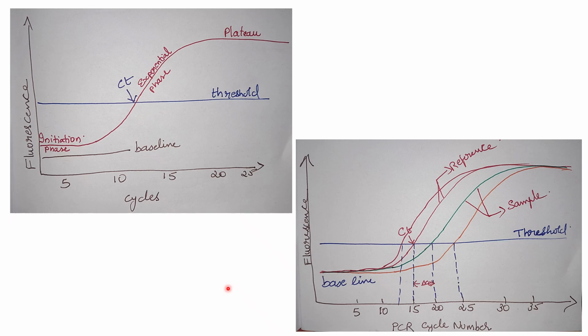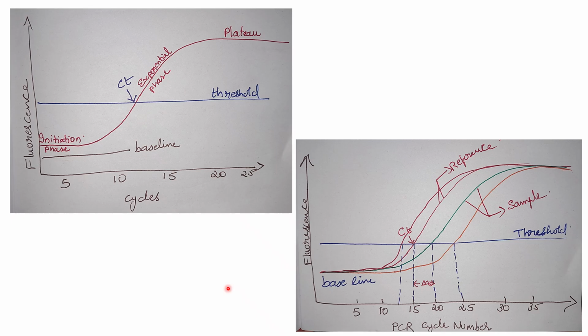You can see the relative amount of the viral RNA in the COVID infected person and a lesser amount of viral RNA in the uninfected person. Okay, so it is a technique where you can also monitor the amplification of the target sequence in real time.